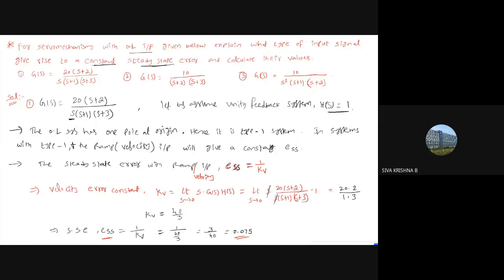So for a type 0 system, what type of input do we have to apply to get the constant ESS? Unit step. Very good. So go ahead with the same procedure.